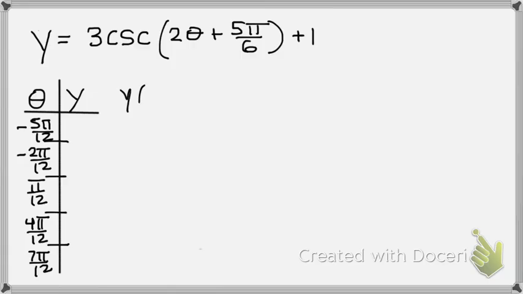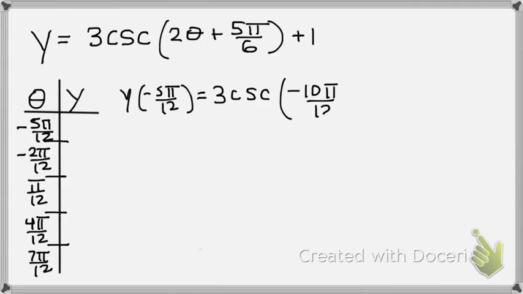So y of negative 5 pi over 12, we've got 3 cosecant, negative 5 pi over 12 times 2, so that's negative 10 pi over 12 plus 5 pi over 6.